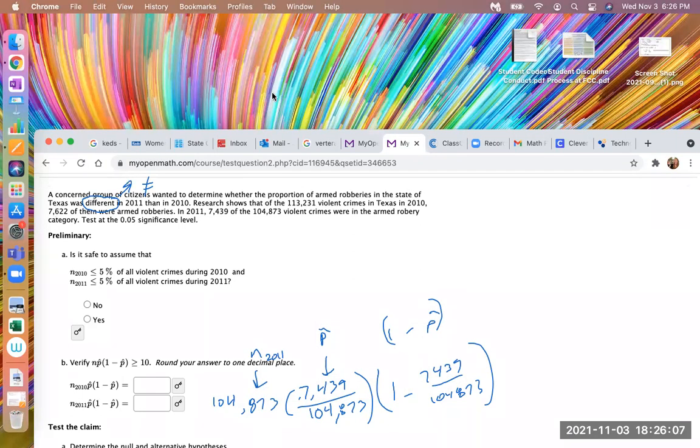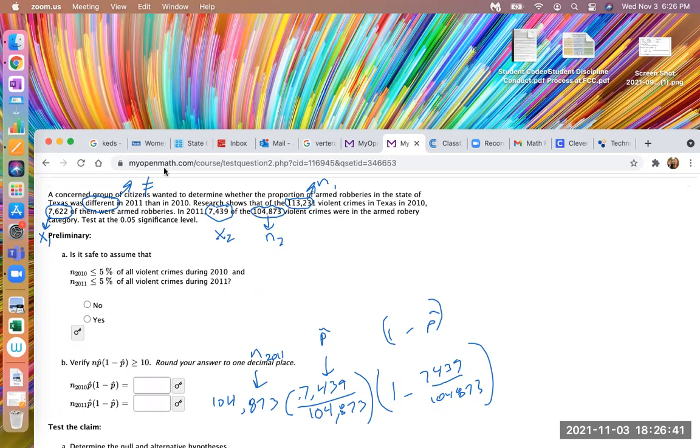And I erased it, but this is of all of these. So that's the total number of people sampled, N1. So many of them had a certain characteristic. So that's my X1, the number of those that have the exact desired characteristic, right? And then this is my N2 population. 2011 is my second population, so N2, and that's my X2, okay?